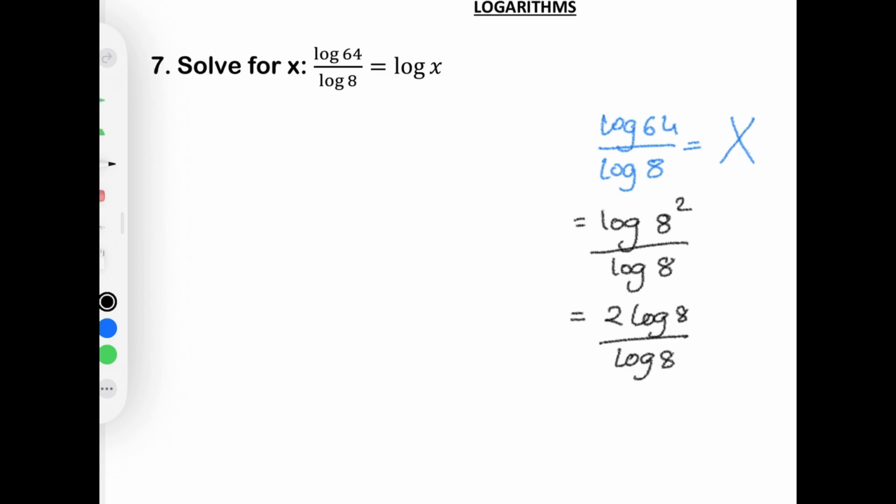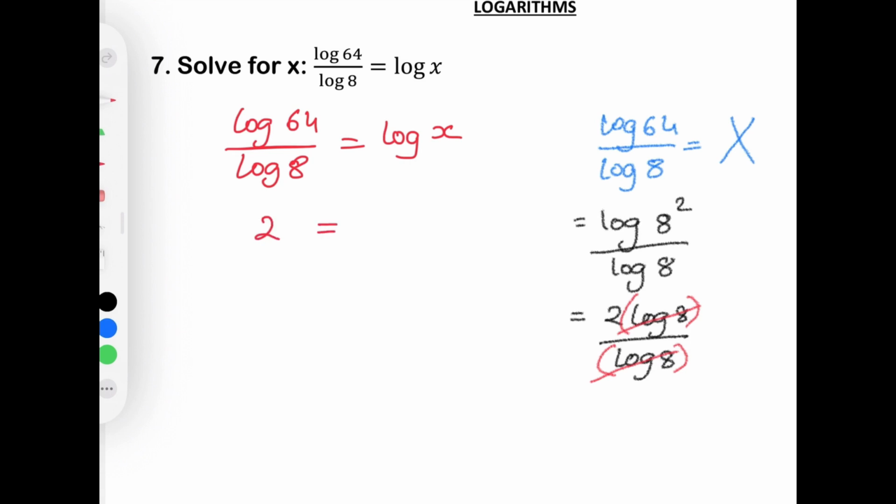And now we have log 8 as a common factor in numerator and denominator, which can be cancelled out. So in the given equation, log 64 upon log 8 equals log x, now we are left with 2 is equal to log x.